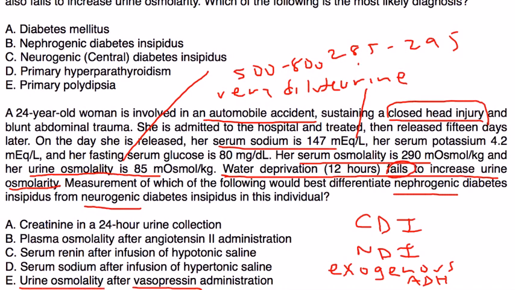In central diabetes insipidus, there will be a marked change. The urine will become more concentrated. But in nephrogenic diabetes insipidus, there will be no change in the urine because the kidney is unresponsive. So to distinguish between nephrogenic and neurogenic, you have to give vasopressin and then measure urine osmolality.